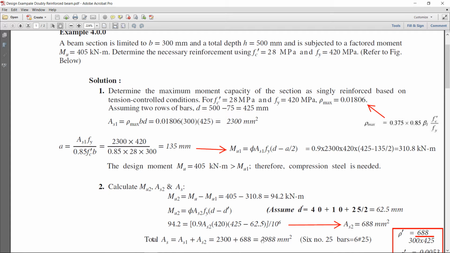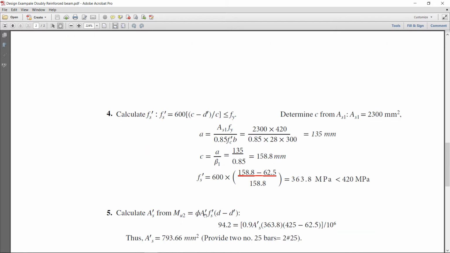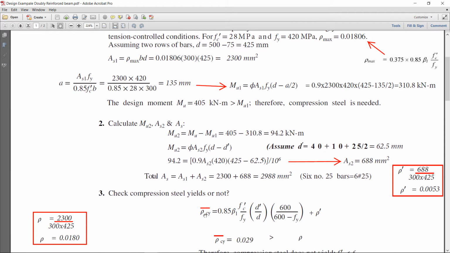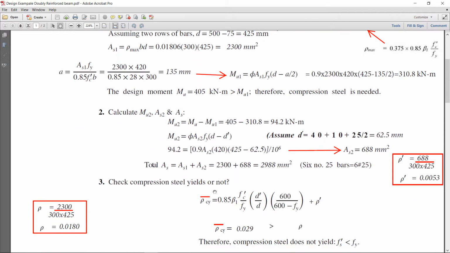But we have to check the condition, since we assumed that our compression steel is yielding. Here we check whether compression steel yields or not. Here is the steel ratio, the compression steel yielding criteria: the minimum steel required in the tension region for the compression steel yielding.